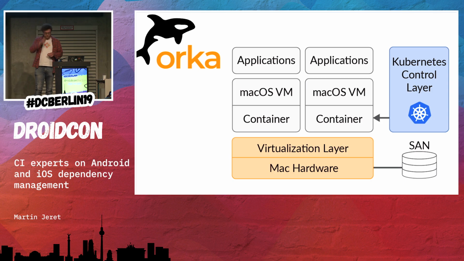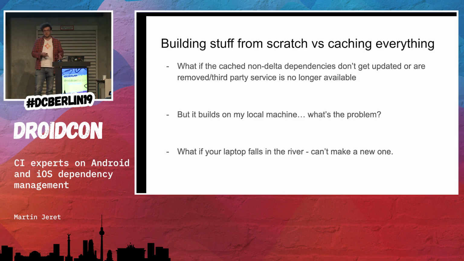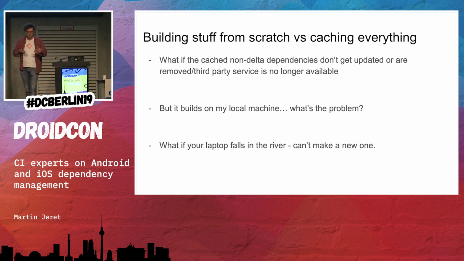But in general, if we're talking about this idea of building from scratch or caching everything, the trouble is that even when you have a CI system building everything again, what Shopify does, for example, is that after the build finishes on the VM, it saves the template.